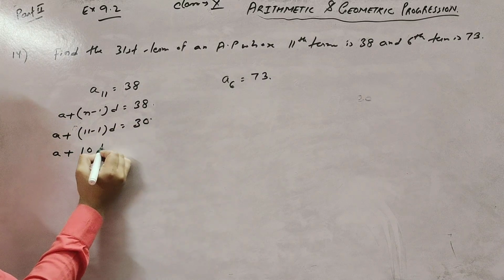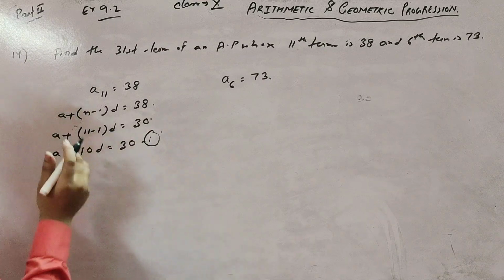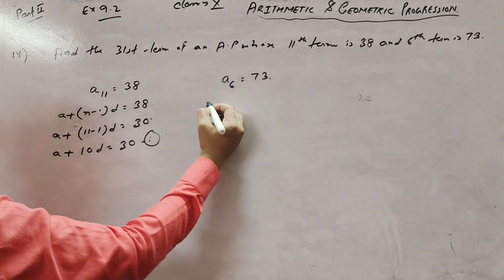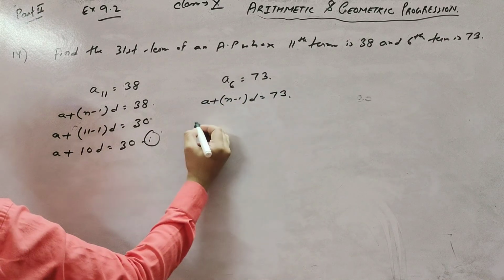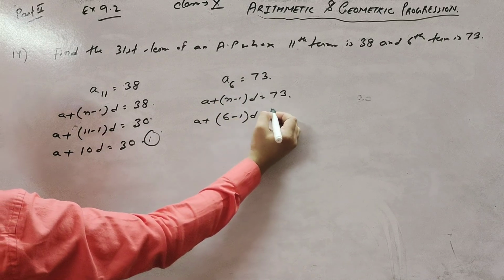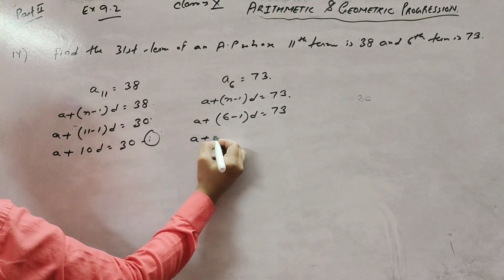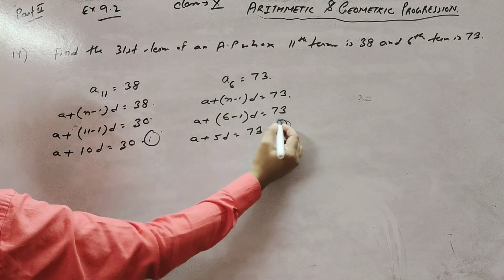So A plus 10D equals 38. This is your equation 1. Okay. Now A plus n minus 1D equals 73. So A plus, in place of n we write 6 minus 1D equals 73. So A plus 5D equals 73. This is your equation 2.